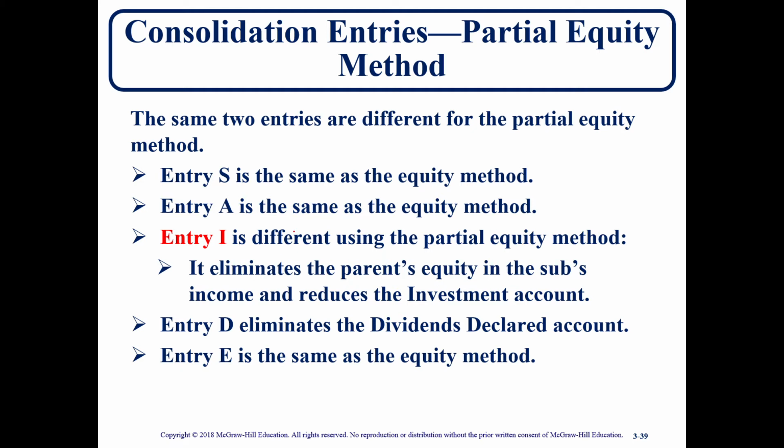So it might be higher for equity earnings in sub, and slightly higher for the investment account as well. Entry D will be the same. That was to eliminate the subsidiary dividends. And then entry E is to record the amortization expense or depreciation expense.